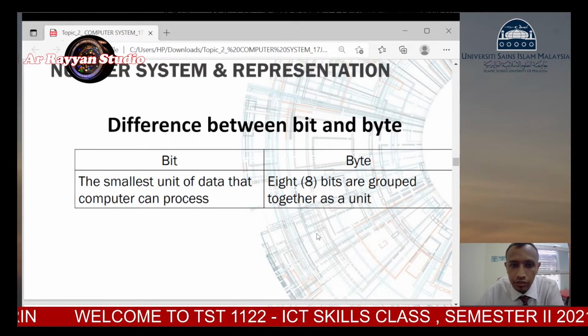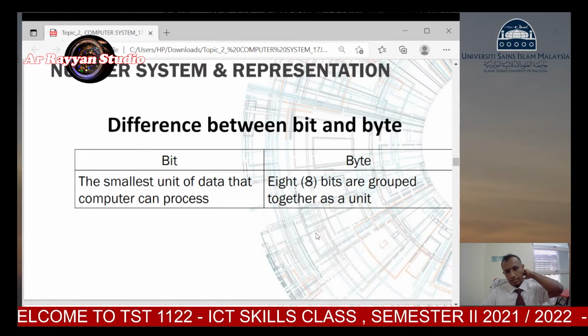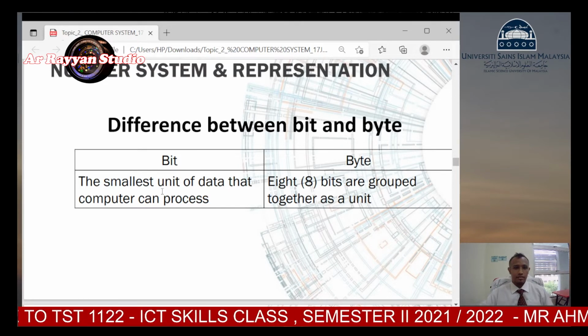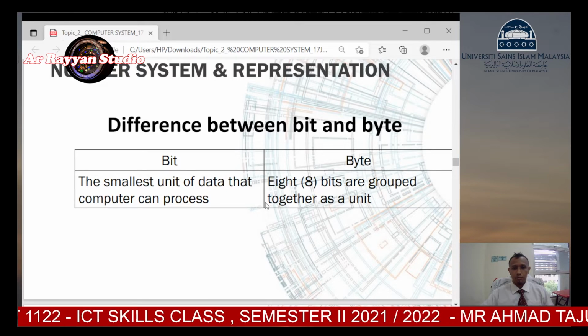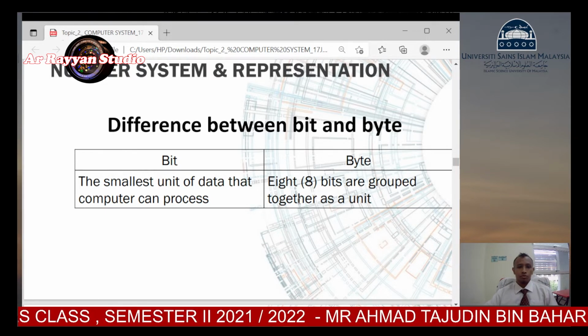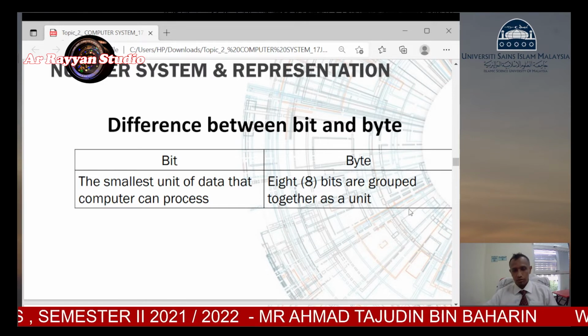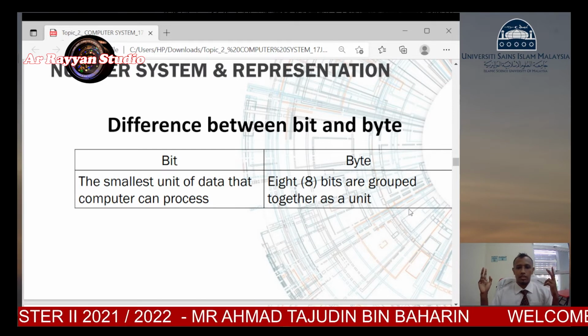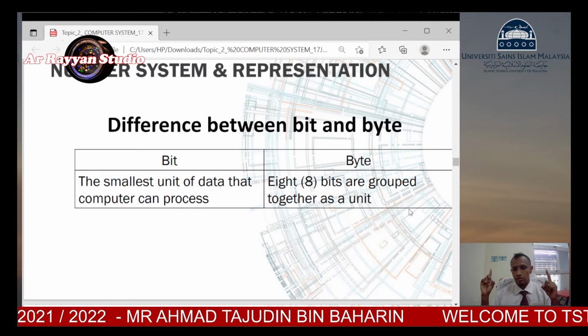Alright, there are differences between bit and byte. Okay, bit means the smallest unit of data that computer can process. Byte means 8 bits are grouped together as a unit. So macam saya cakap, bit tu dia mewakili binary digit. So 0 and 1.